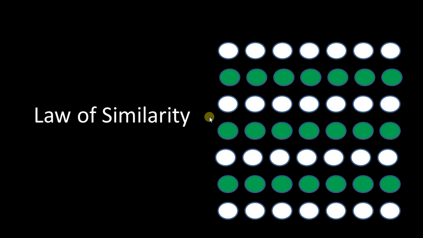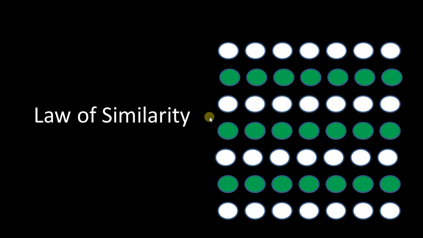The first law is law of similarity. According to this law, when we look at some objects, we have a tendency to group the similar items together and to perceive such items as a single group.